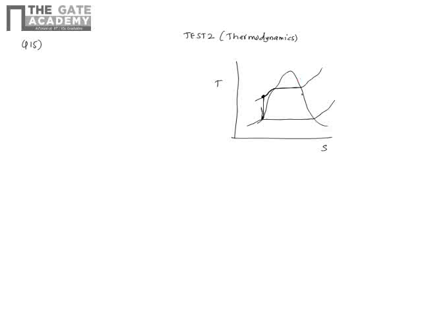The normal cycle would end somewhere here in the boiler, where the water is converted from the subcooled state to a superheated steam, and then in the turbine there will be an isentropic expansion.